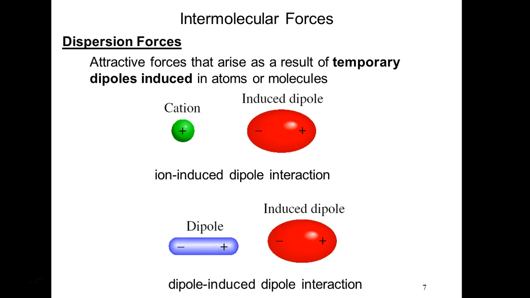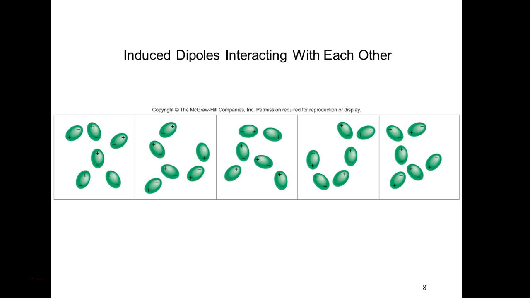You also get the same thing with a dipole-induced dipole: something that is permanently polar, put next to something that is nonpolar, will induce a dipole in that nonpolar substance. So these are ion-induced dipole and dipole-induced dipole. You can also have dispersion forces with nonpolar things interacting with other nonpolar things.